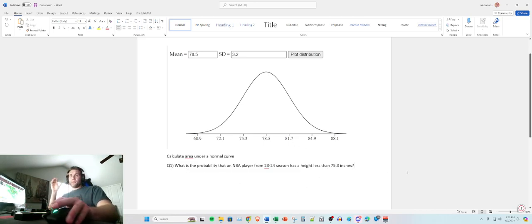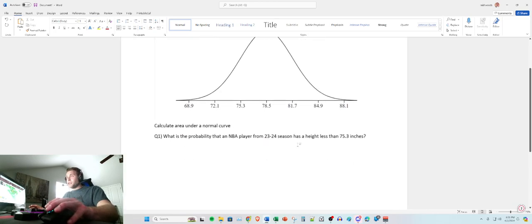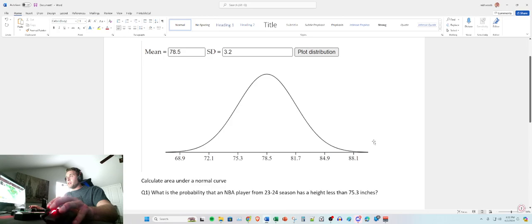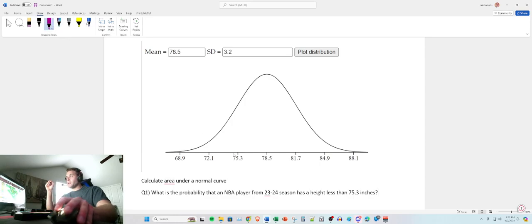And so as we go to answer this question, we are going to end up using this curve to help us out. What we're really asking for here is an NBA player that's at 75.3 or less. So we're really looking for this area over here to the left.